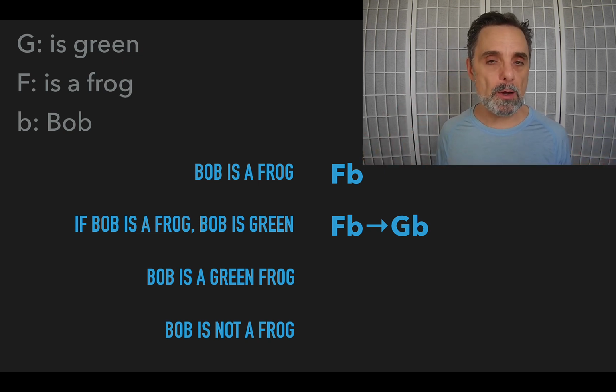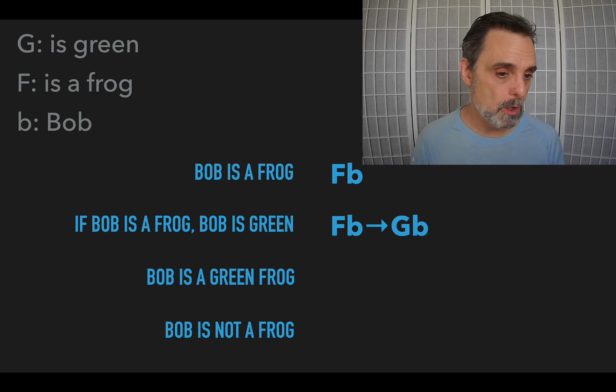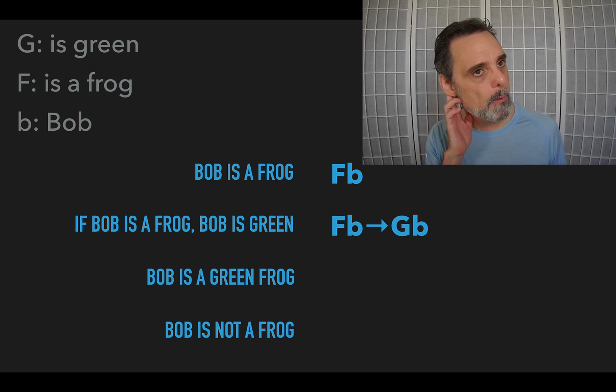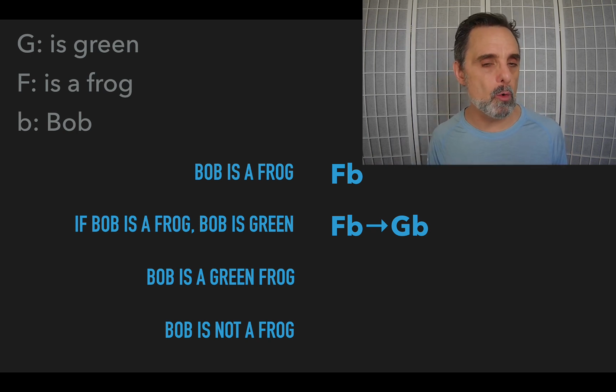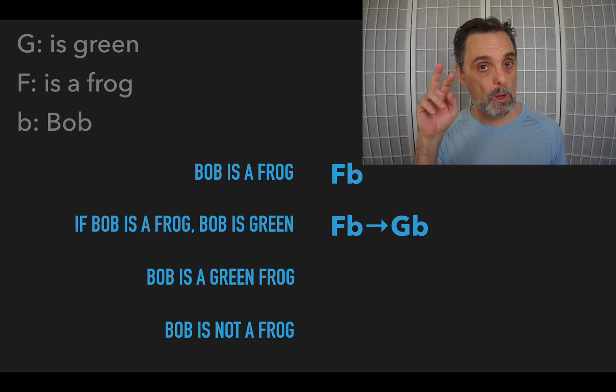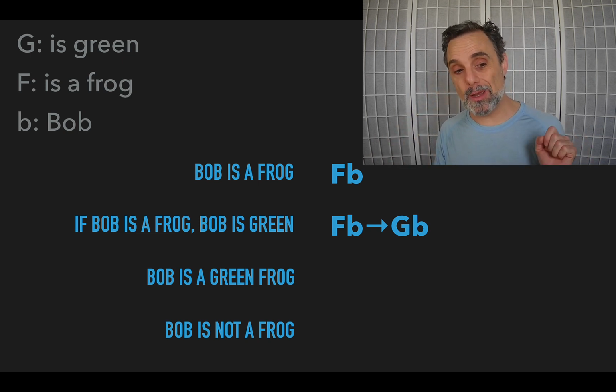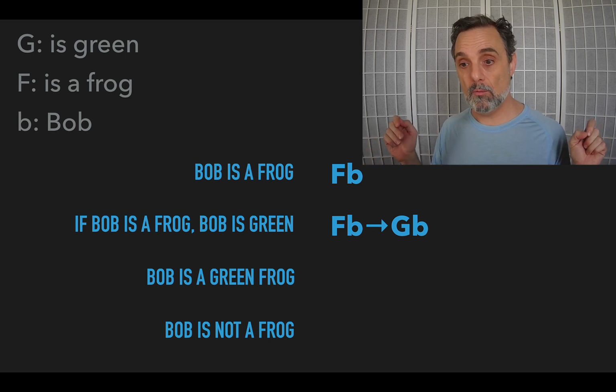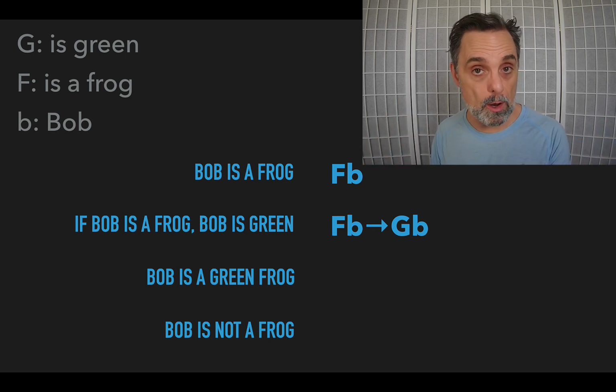Great. How about Bob is a green frog? This might be slightly tricky because we have to remember how AND works. And what you need to remember about how AND works is that AND hasn't changed. The only way AND can work is by hooking up two formulas. So we have to make two separate formulas, and then we might want to use an AND. So why don't you pause the video and try that.